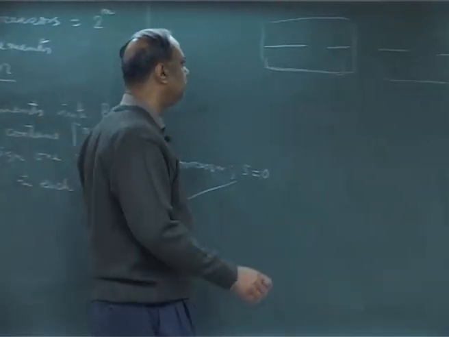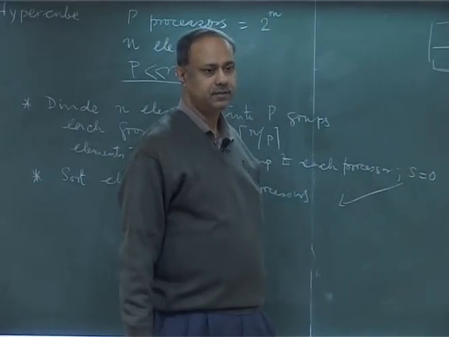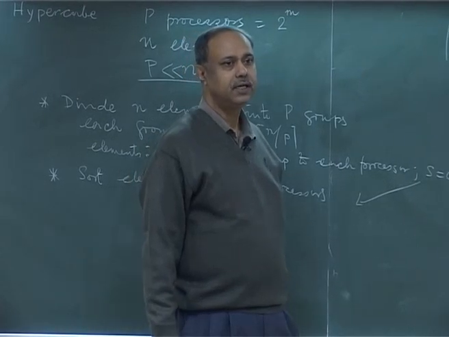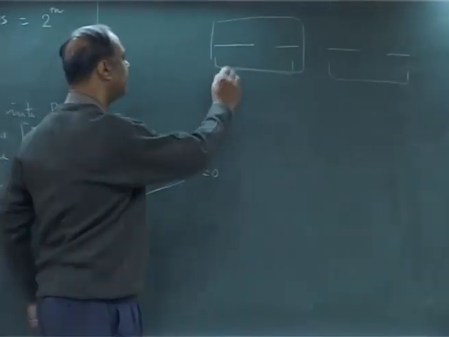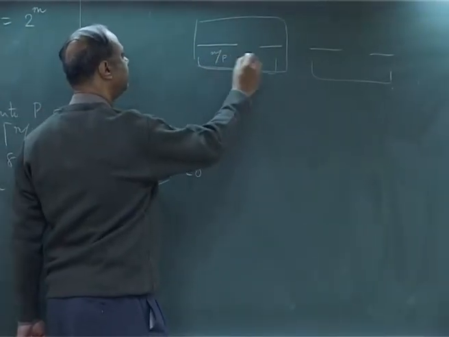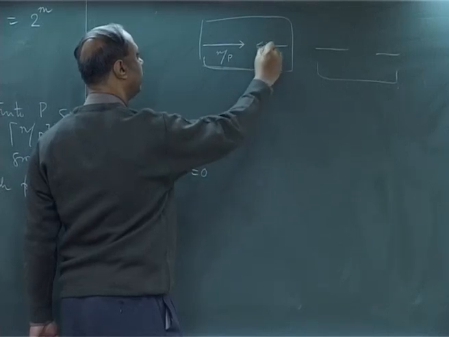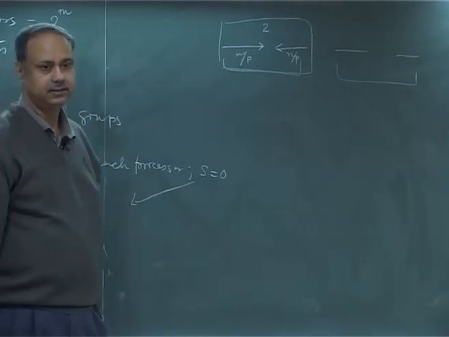One way, how are you going to do it? Tell me, how are you going to do it? The problem is clear, right? This is a bitonic sequence of size n/p. This is increasing order, this is decreasing order. You have two processors. Right?